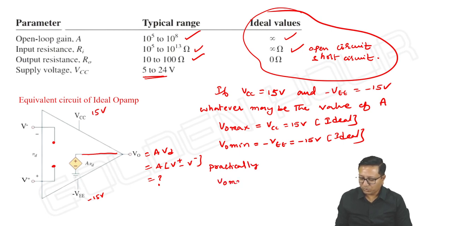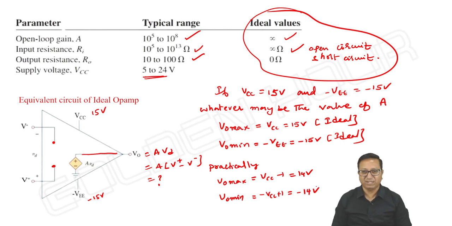Practically, output maximum is equal to VCC minus 1, that is 14 volts, and output minimum is equal to minus VEE plus 1, that is minus 14. These are the practical values. Whatever may be the gain, 10 power 5, 10 power 8, etc., let it be, but the output never exceeds the power supplies.